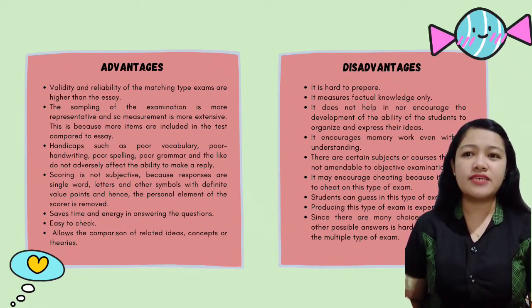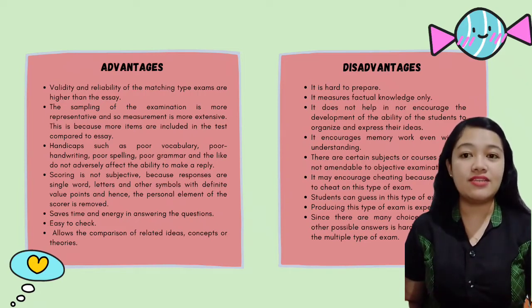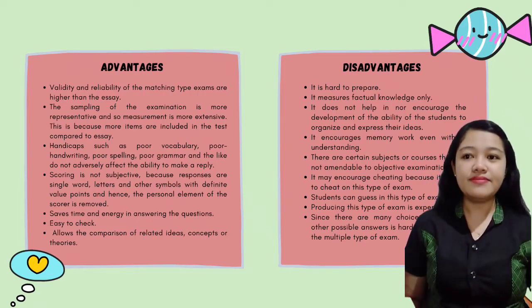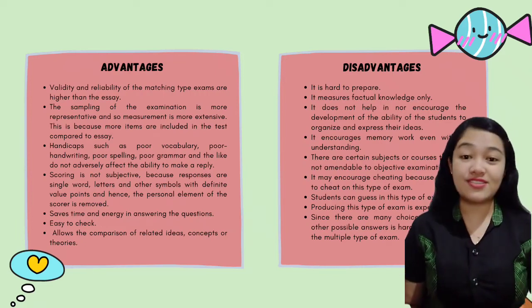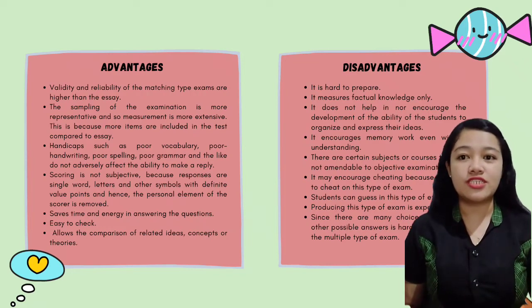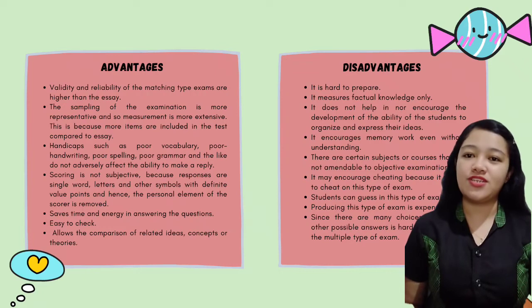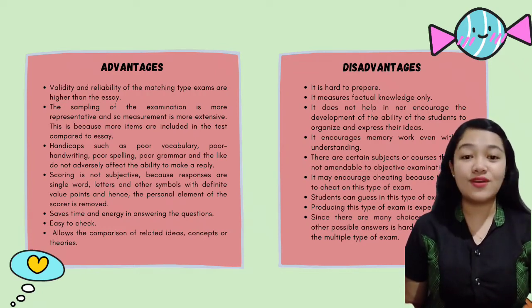Next, handicaps such as poor vocabulary, poor handwriting, poor spelling, poor grammar, and the like do not adversely affect the ability to make a reply. And next, scoring is not subjective because responses are single words, letters, and other symbols with definite value points, and hence the personal element of the scorer is removed.